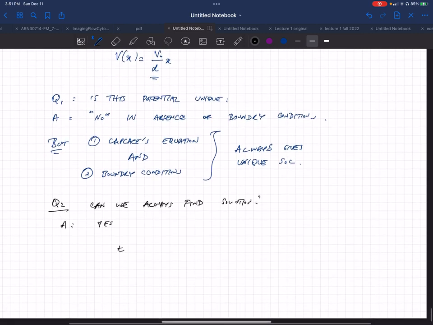So E is minus the gradient of V, and so that's equal to minus x hat d dx of V0 over d times x, which is minus x hat V0 over d.